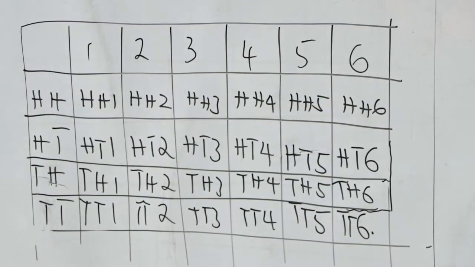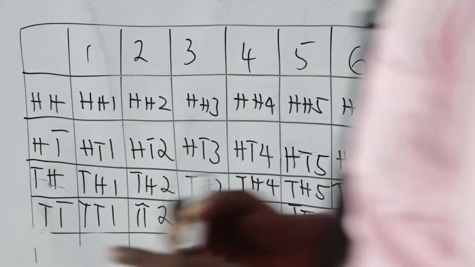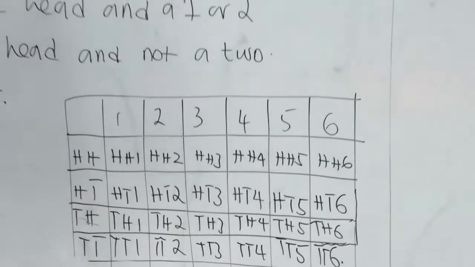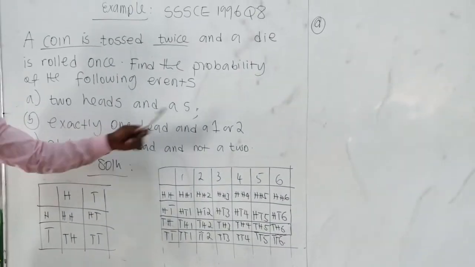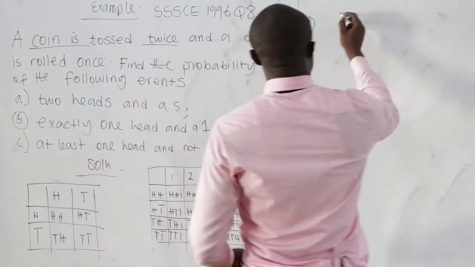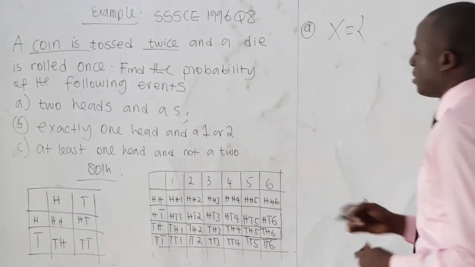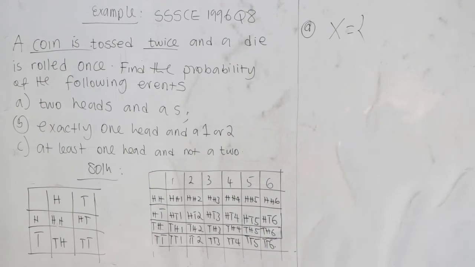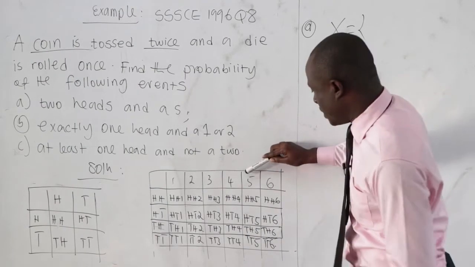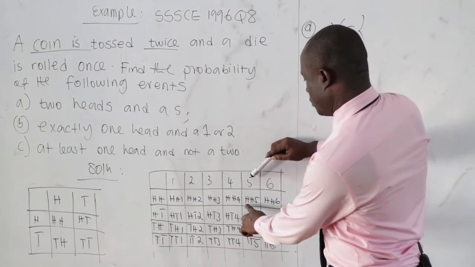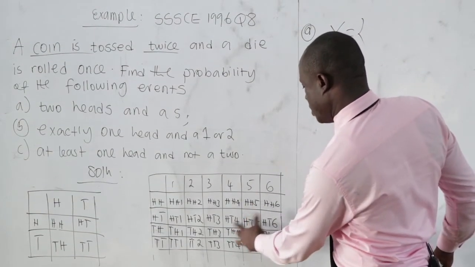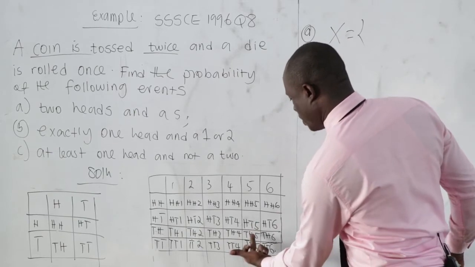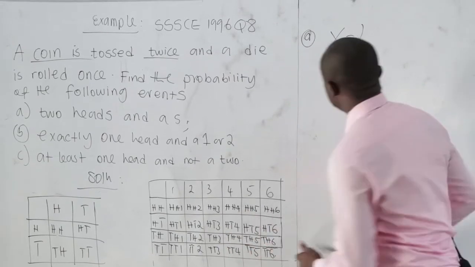Now, what is the first one saying? It says find the probability of the following event: 2 heads and a 5. Let's suppose that particular event is denoted by X. 2 heads and a 5 is only appearing once. Just one.